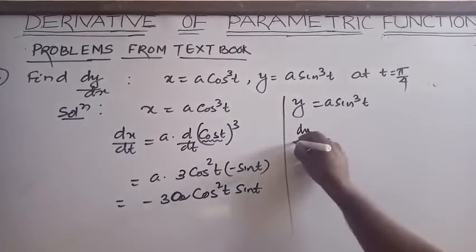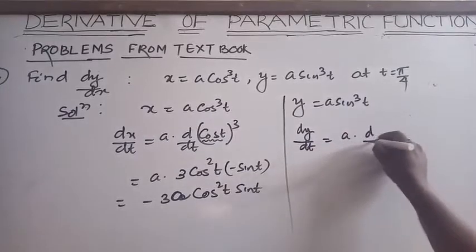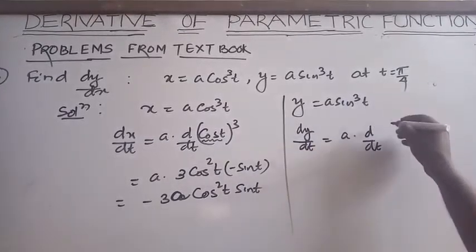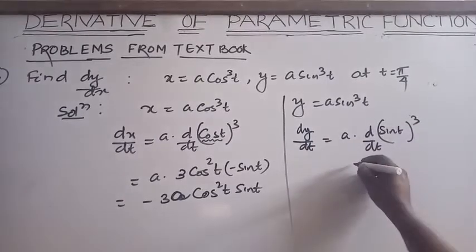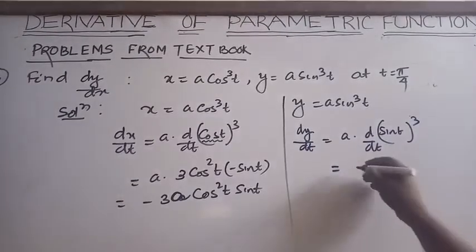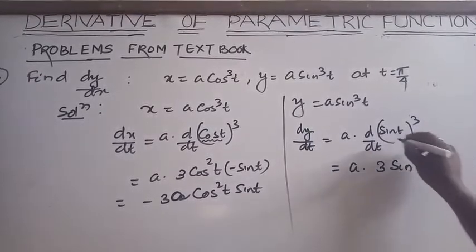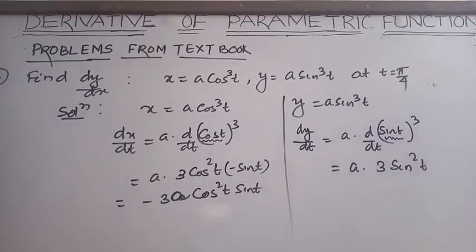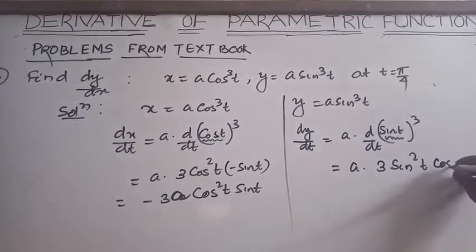Dy by dt, a is constant. So d by dt of sin cube t, meaning sin t whole cube. Apply the chain rule. This is equal to a into 3 sin square t into the derivative of the inside term, the derivative of sin t with respect to t, which is cos t.